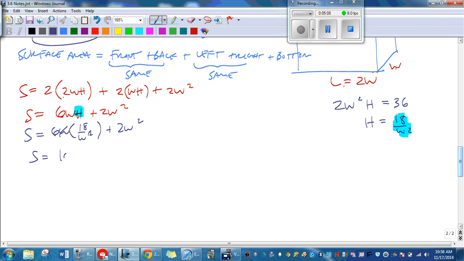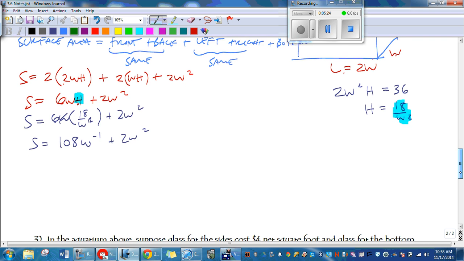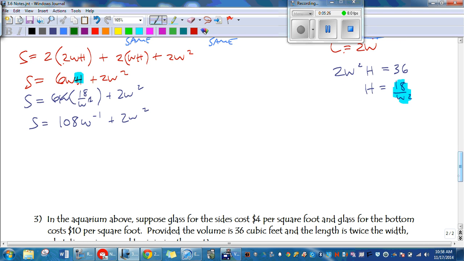We end up with 108 times W to the negative first. And I'm writing it with a negative exponent just because we're going to end up taking the derivative, and it's easier to think of it when it's written that way rather than 108 over W. So we've got our equation in terms of one variable. Now we want to find the critical value.